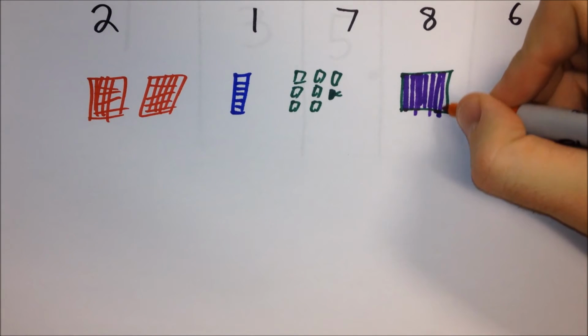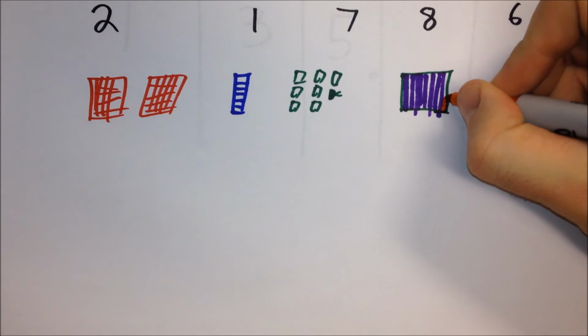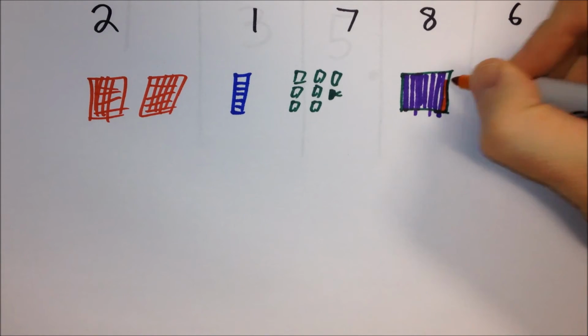So that's really like we added 6 little squares on here. 1, 2, 3, 4, 5, 6.